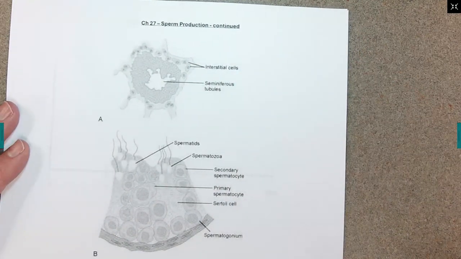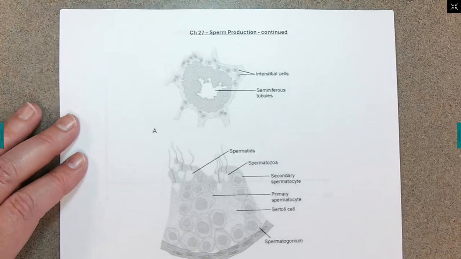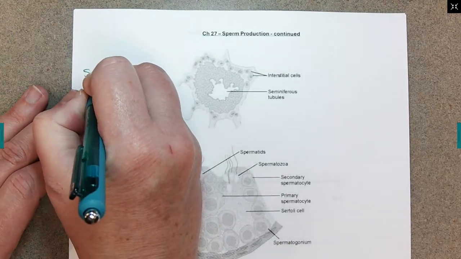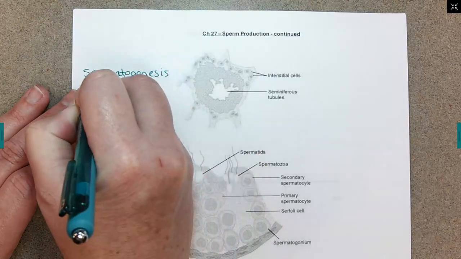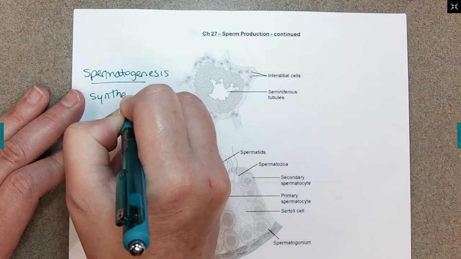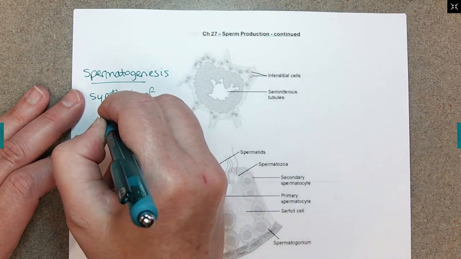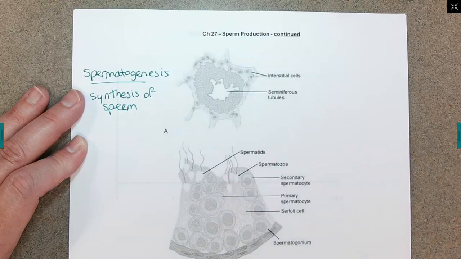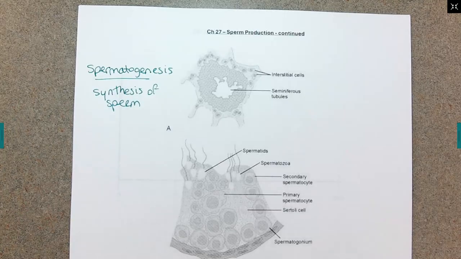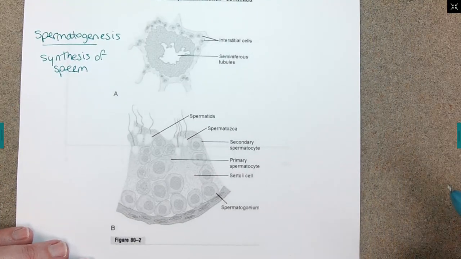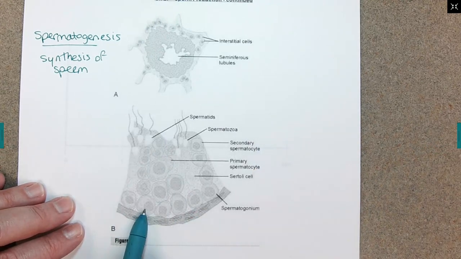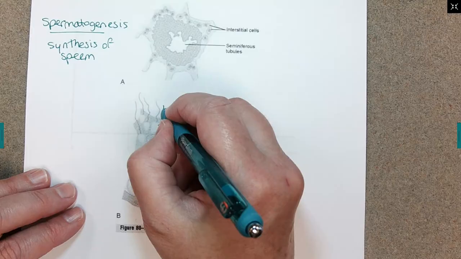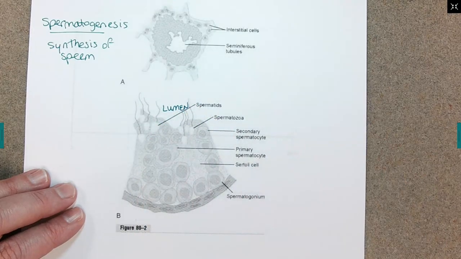So spermatogenesis, also known as the synthesis of sperm, again, is divided up into two phases. Now, if you look at this picture down here, this is the lumen, so these are going to be the most mature.